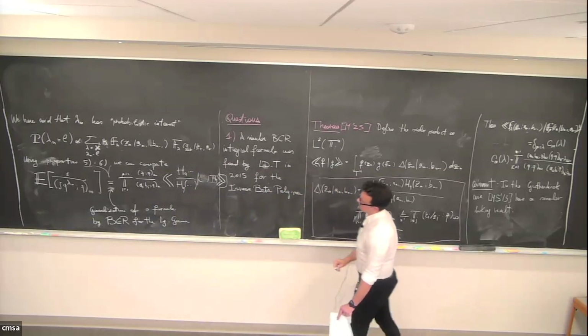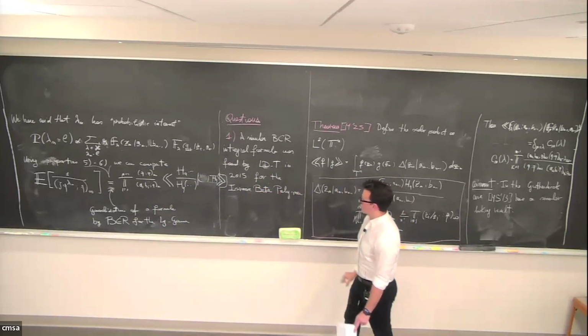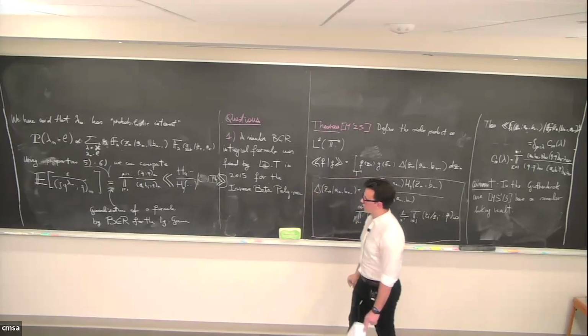But this inverse beta polymer model, although it was introduced 10 years ago, still remains highly conjectural. In fact, I don't think there are many rigorous results about it.